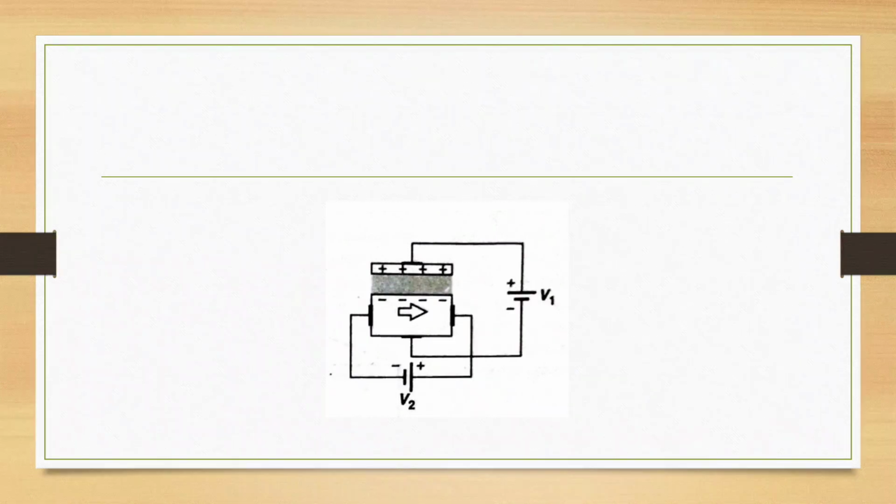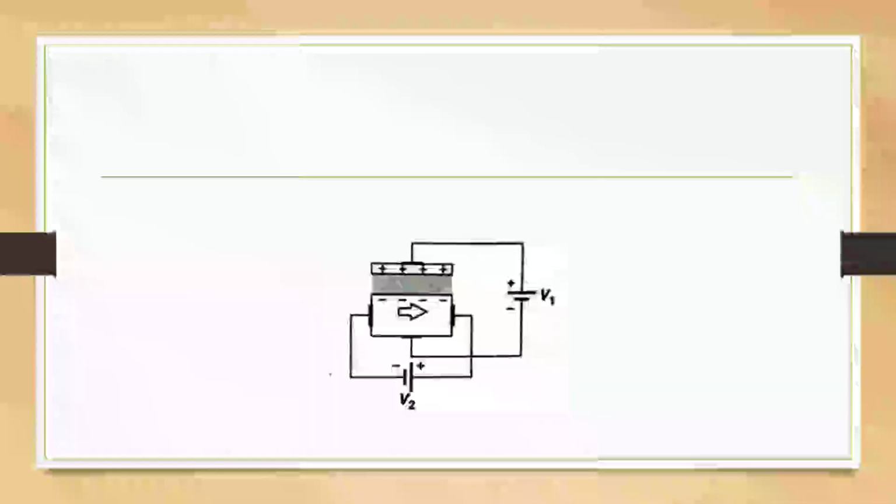So the current flow is controlled by the supply voltage V1. This is called a voltage controlled device. Current flow here is controlled by the voltage V1.